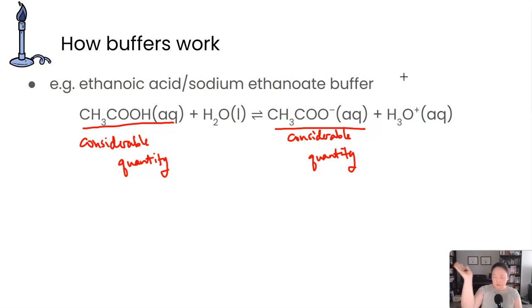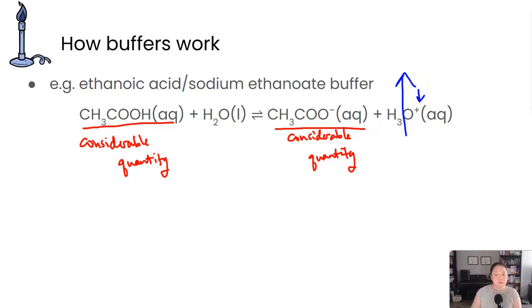So let's say you have your buffer solution, this one is acidic, it's at some acidic pH. Let's say you toss a little bit of acid in there. When you toss a little bit of acid in there, the concentration of your hydronium ion is going to increase. Based on Le Chatelier's principle, we're going to reduce the stress that has been introduced to this system in equilibrium.